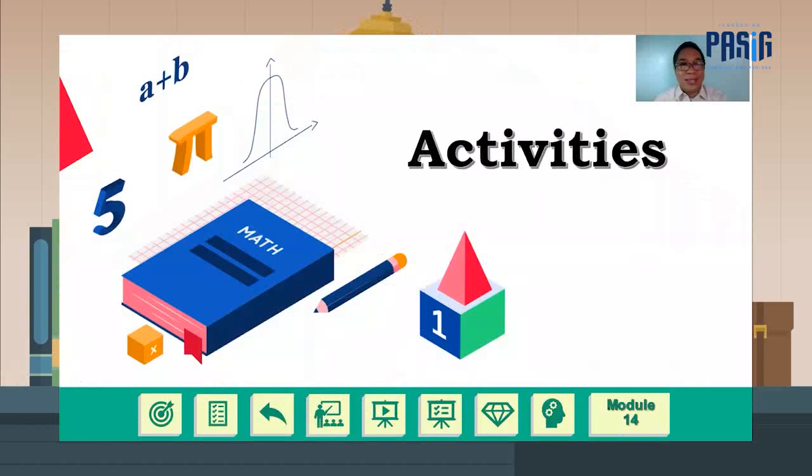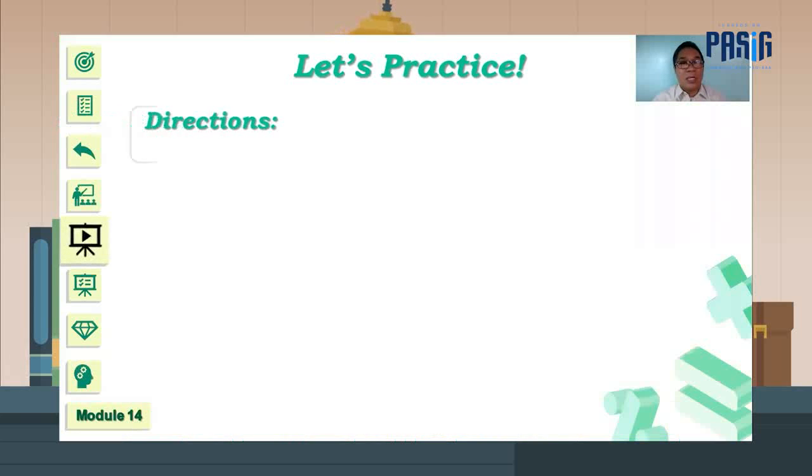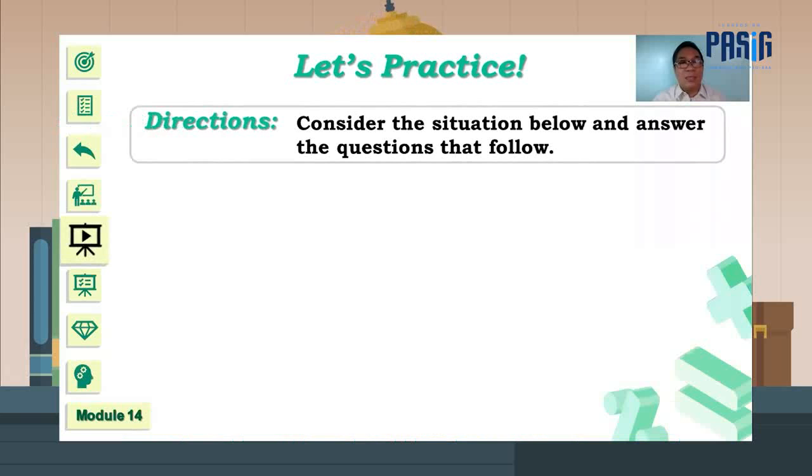So for your mastery in this topic for today, the compound event, we have 3 activities. For your activity 1, you may get any sheet of paper and write your answer for activity number 1.